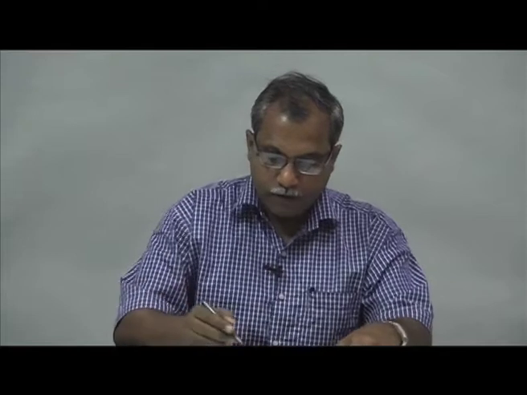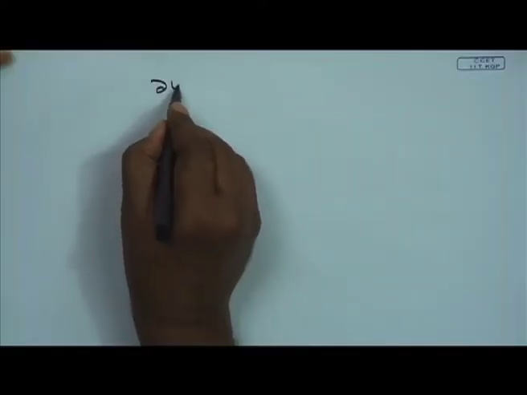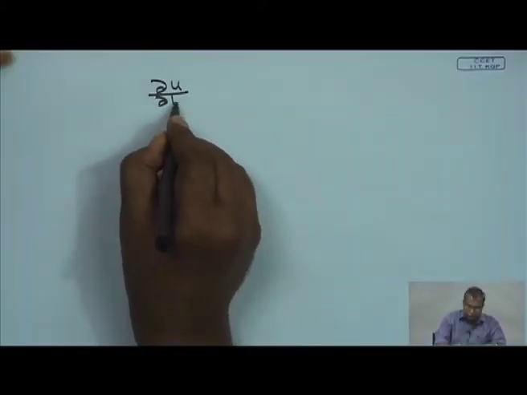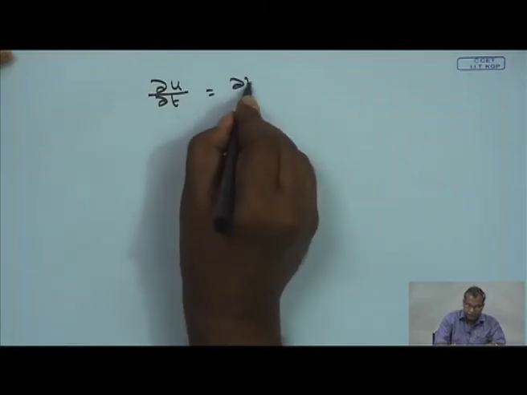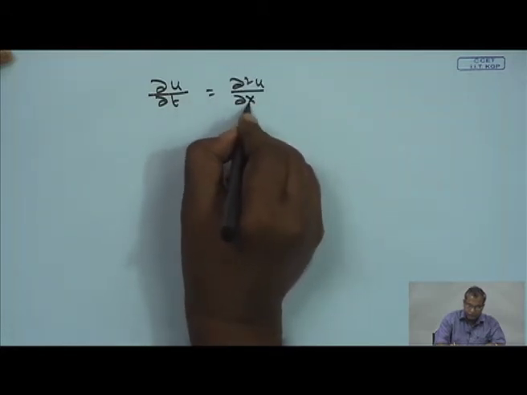So for example, I will be talking about extending the principle of linear superposition to the case of partial differential equations. Let us give an example of how one can go ahead with it. Suppose I have a partial differential equation like this: del u del t is equal to del square u del x square.